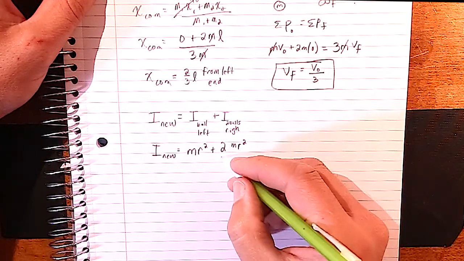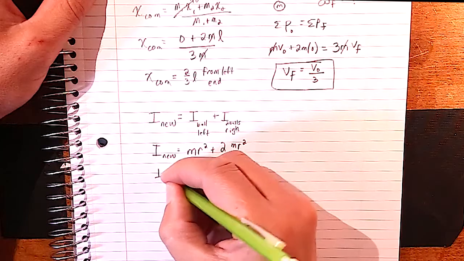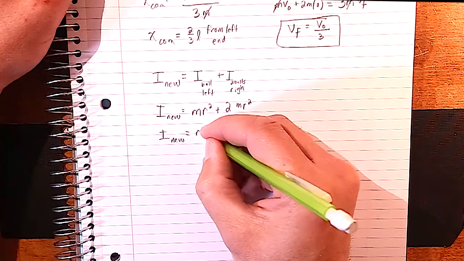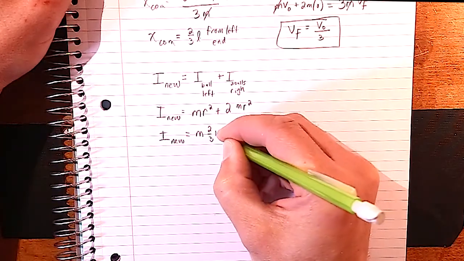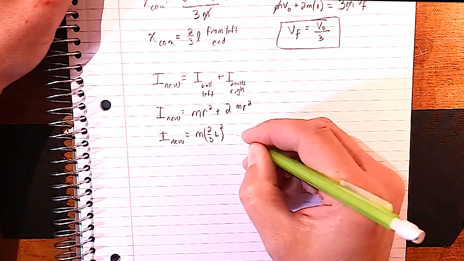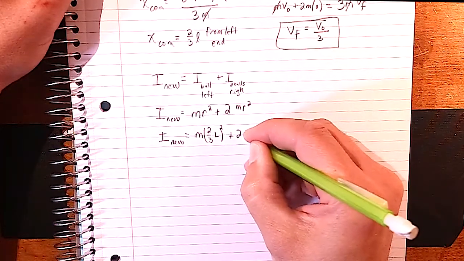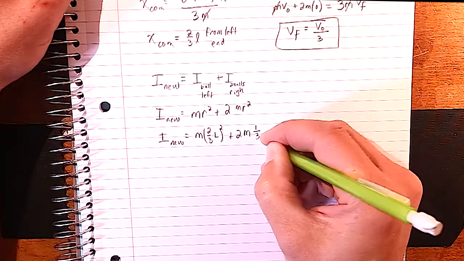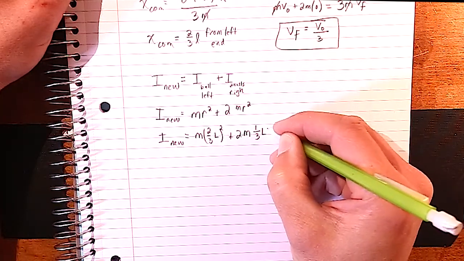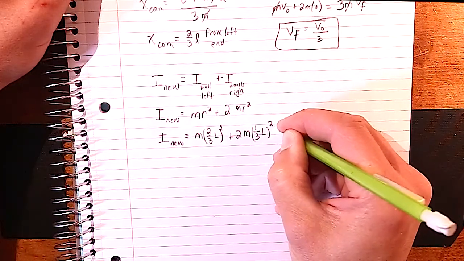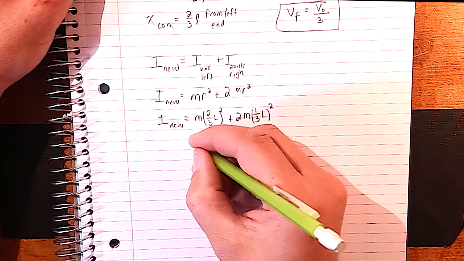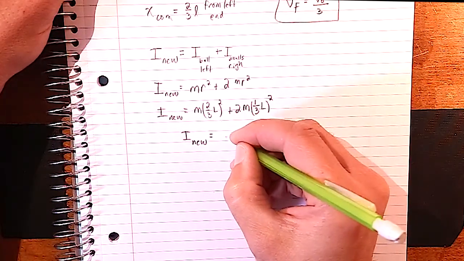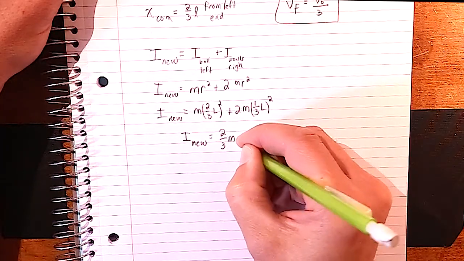Now, what's that distance to that center of mass? Well, for the ball on the left, how far away is it? Well, it's 2/3 L. And for the two balls on the right, that's going to be 2m. How far away are they? Well, they're 1/3 L from the new center of mass. So when we do the math on that, we end up with I new is equal to 2/3 ml squared.